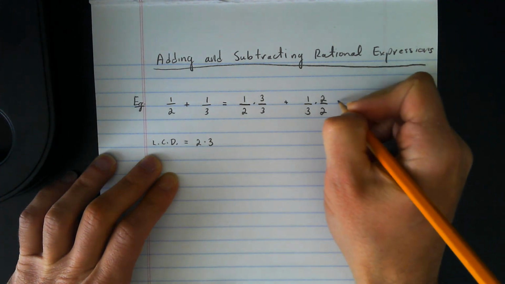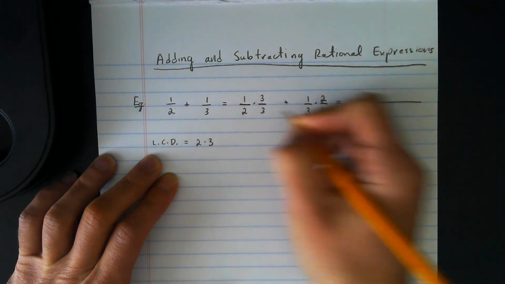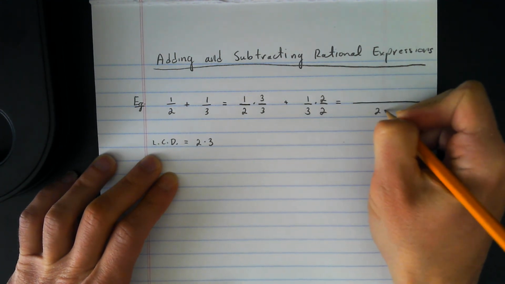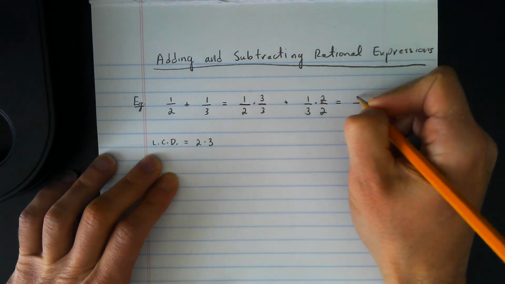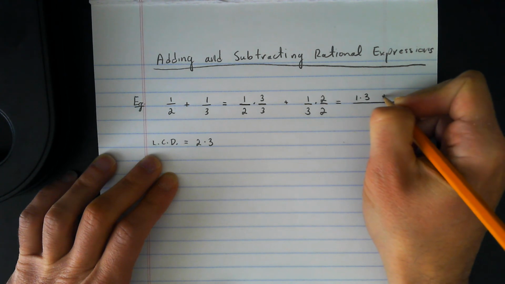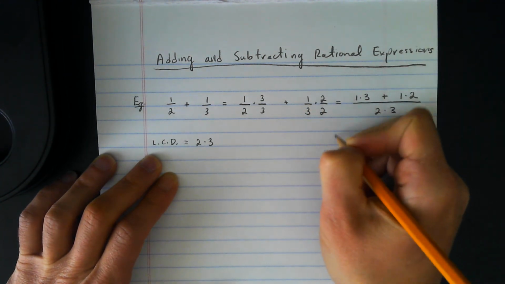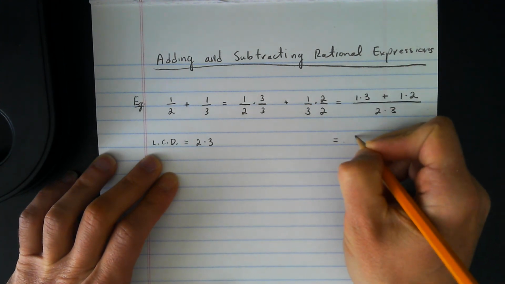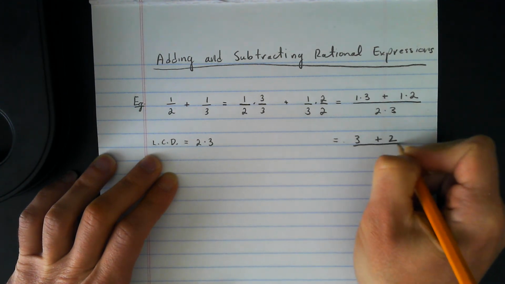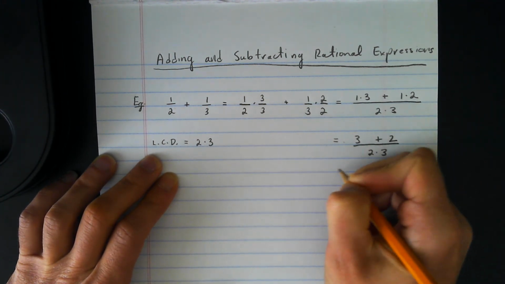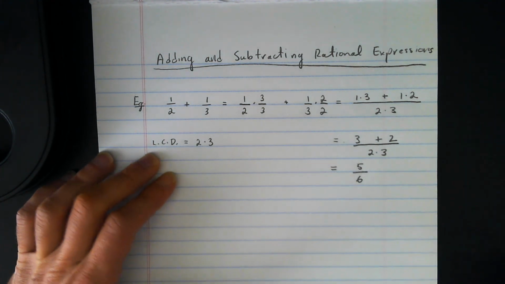Okay, now all together we get this. I can write this as one fraction now. I've got 2 times 3, which is my least common denominator, and then 1 times 3 plus 1 times 2, which of course is 1 times 3 is 3, 1 times 2 is 2, over 2 times 3, which gives me 5/6.